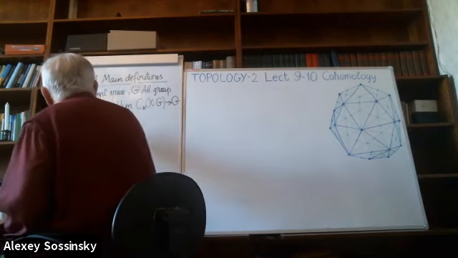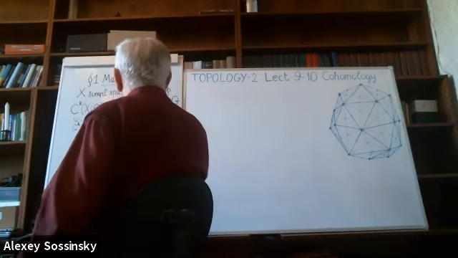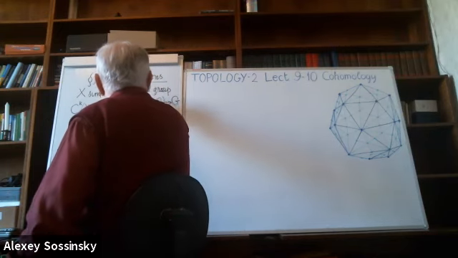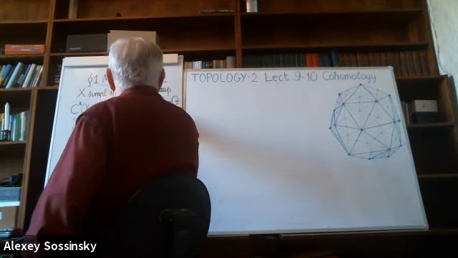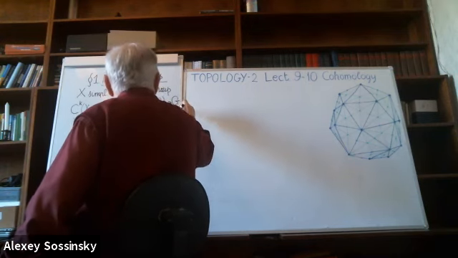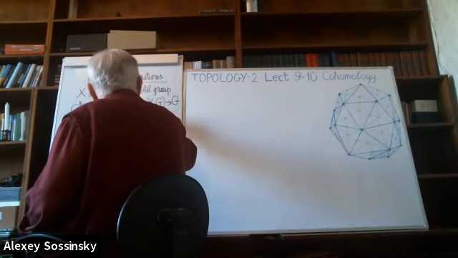Where if we have a cochain, so again, a cochain is a function from the chain group C_k to G. And we have a chain c_k.